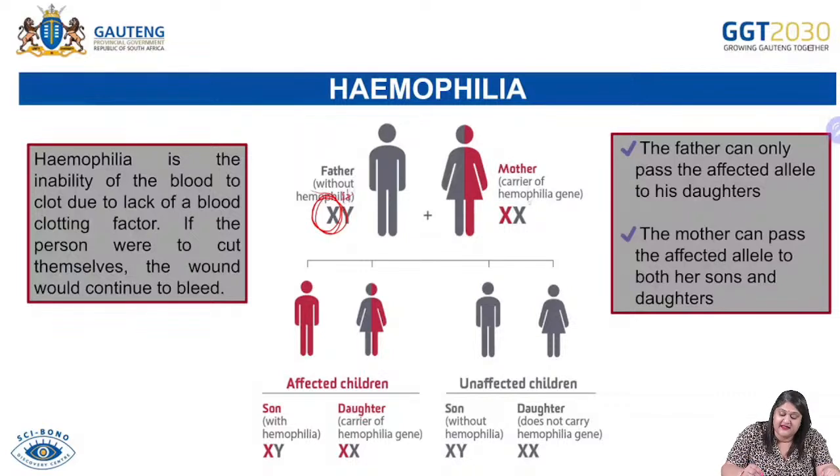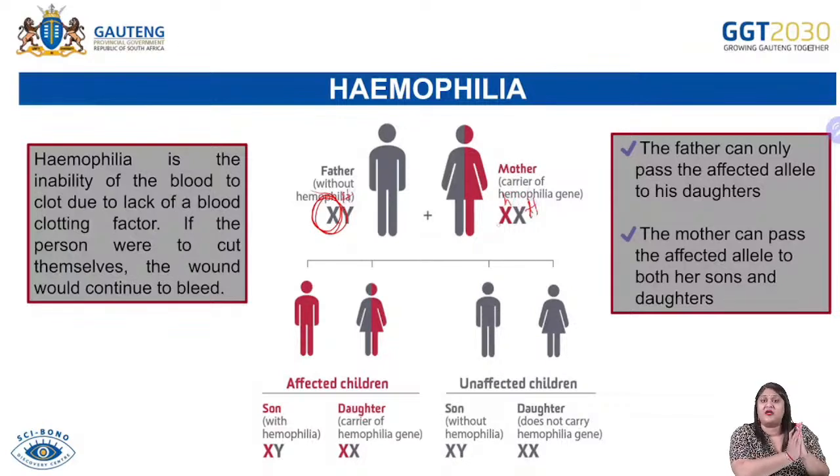Whereas the female is going to have a capital H and a small letter h, because this individual is not hemophiliac. But as you can see, she is still a carrier of the gene, which means that one of her alleles is the recessive allele.